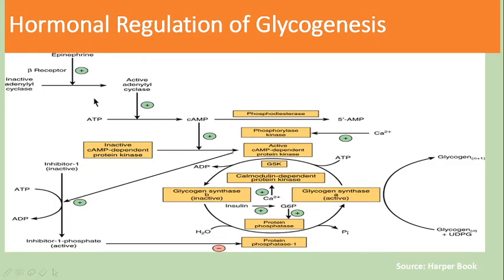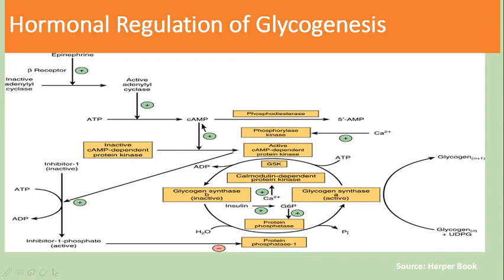In the presence of epinephrine, inactive adenylate cyclase will be converted into active adenylate cyclase. The role of this adenylate cyclase is to convert ATP into cyclic AMP. So an increased amount of cyclic AMP will be produced in the presence of the hormone epinephrine.